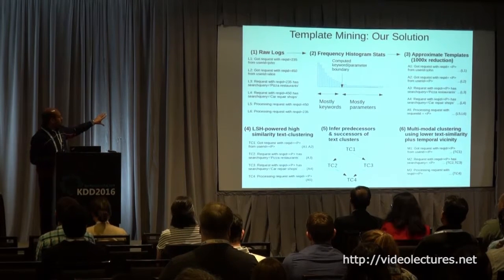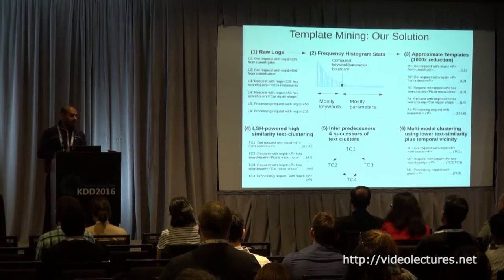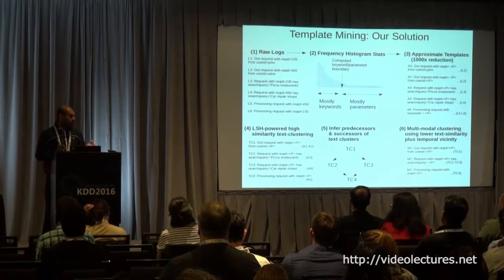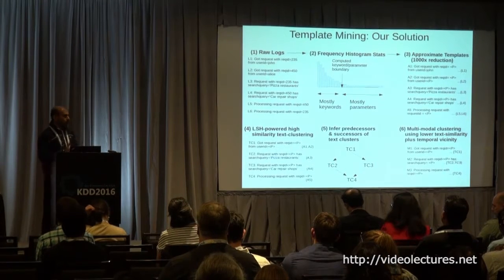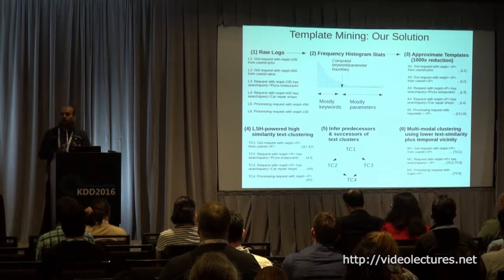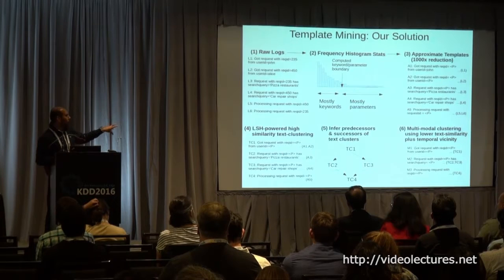the other thing we do is deal with the sheer volume of logs, right? In this application domain, we are talking of terabytes of data a day, right? So even running a simple clustering algorithm on raw log lines just doesn't work. So what we do is we convert these raw logs to an intermediate data which we call approximate templates, right? And we have some tricks of how to do that using some heuristics.